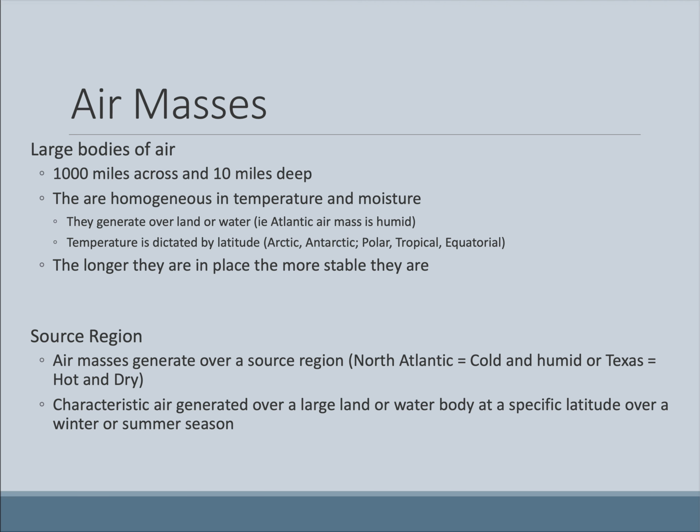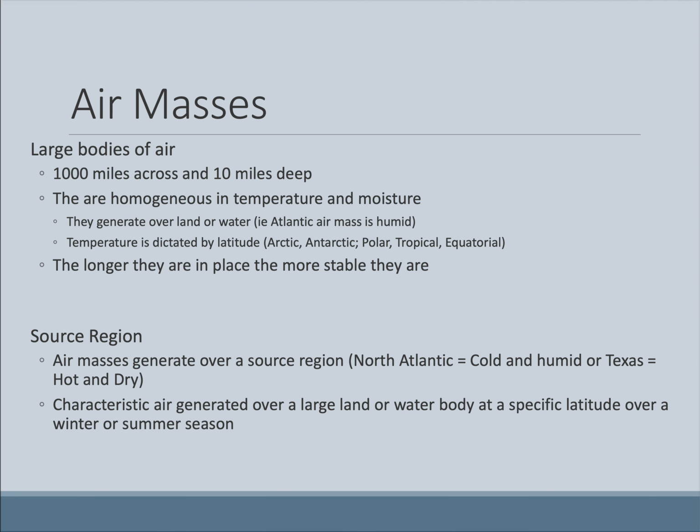So the longer that these air masses are in situ, in place, the more stable they're going to be. Now, spring and fall are the seasons when the sun is moving across latitudes. It's pulling air masses along with it, or pushing air masses, depending on the direction that the sun is moving in. And because those air masses are moving now, they become unstable, and they're growing or they're shrinking.